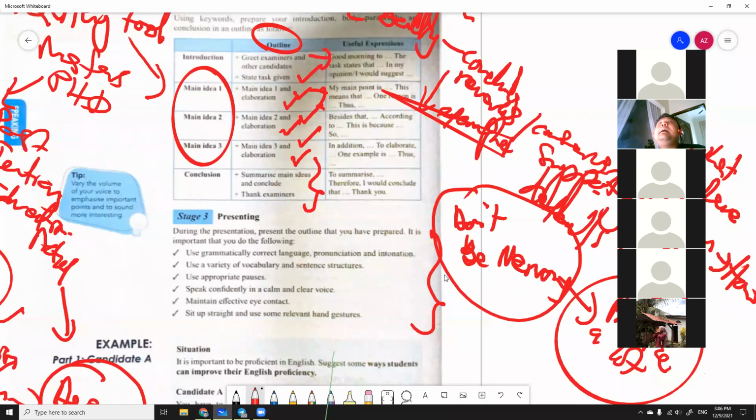Usain Bolt, the former gold medalist for the sprint category, used to share tips with everybody who wants to be successful in what they are doing.